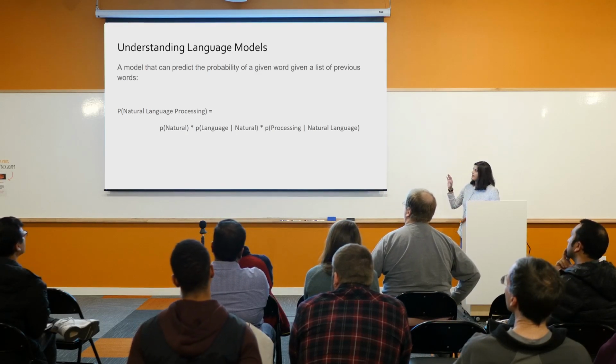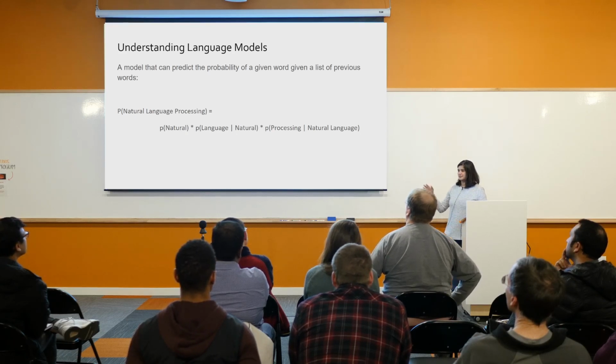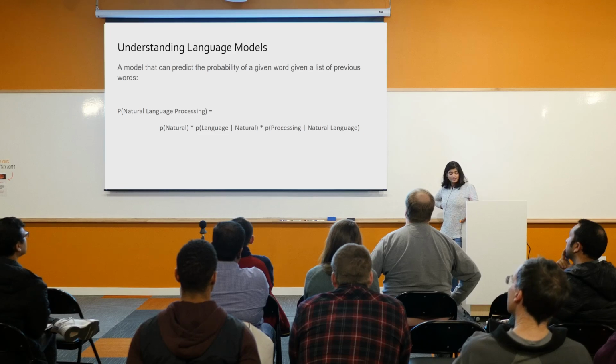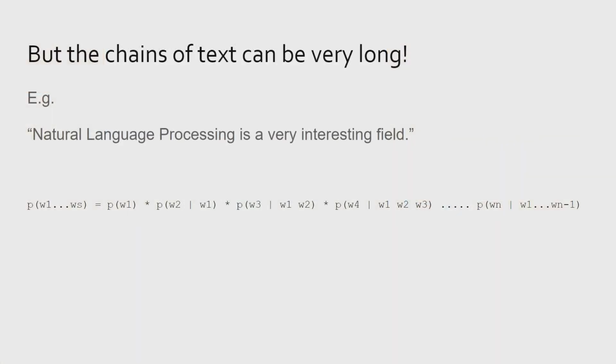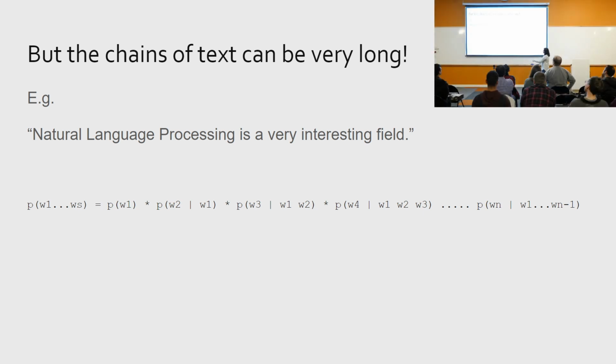But can you see a problem with using something like this in a large sentence? It could go on and on and on. Like you have this, natural language processing is a very interesting field. The probability of all of them occurring together is the probability of the first and second given the first, third given the first and second, and it can keep going on and on all the way till the last word, where field, the probability of the word field given this whole sentence.